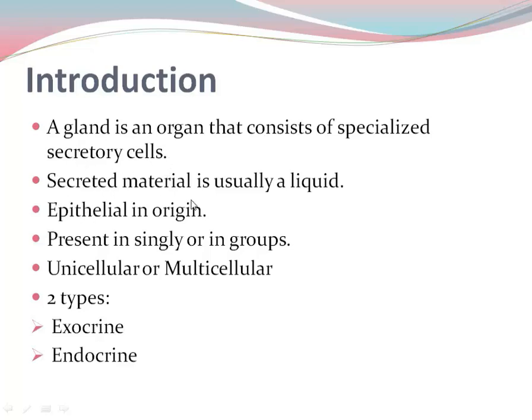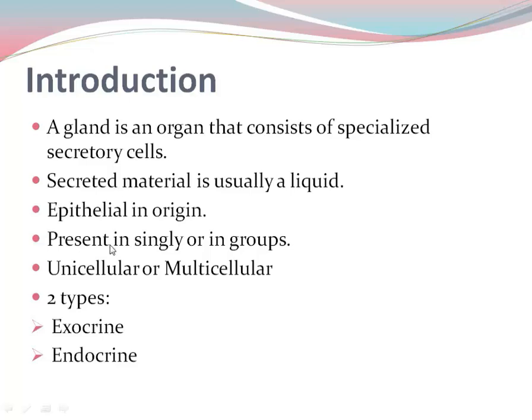This secreted material is usually a liquid. A gland produces liquid secretions that could be mucus, serous or enzymes, but in liquid form. They all are epithelial in origin.